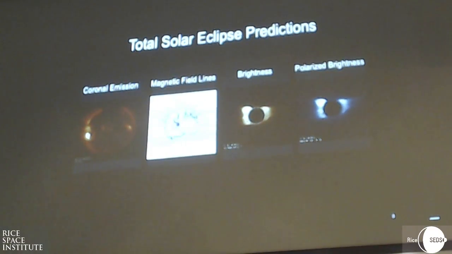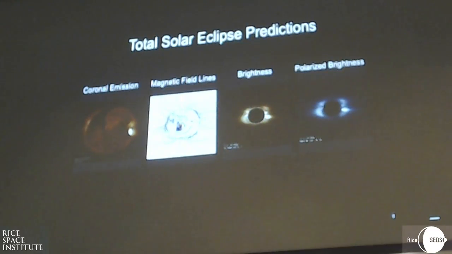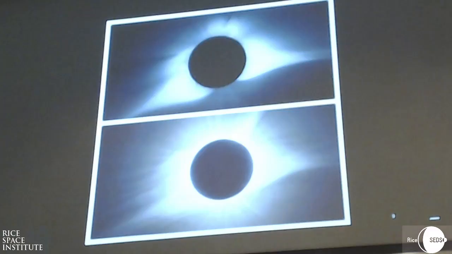So one of the sets of activities that these scientists did was start with the coronal emissions that we can see from spacecraft, and then begin to model that in terms of its magnetic field structure. And then, because the sun spins on its axis, try to predict what kind of brightness distribution we would see, and then during the eclipse, look at the difference between what was predicted from our massive computer models and what we actually observe.